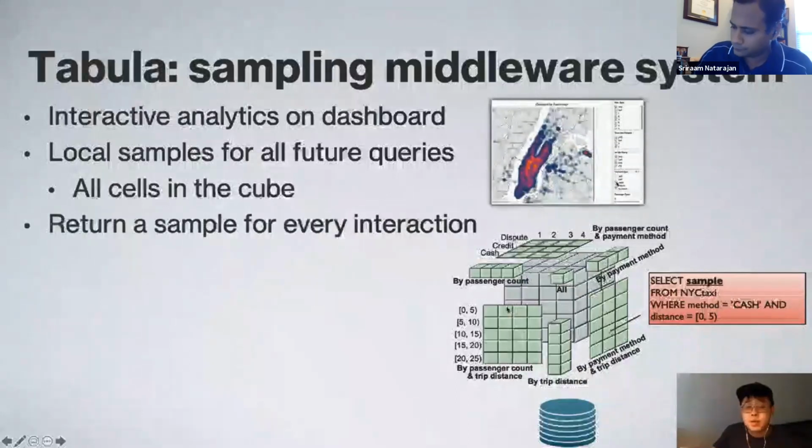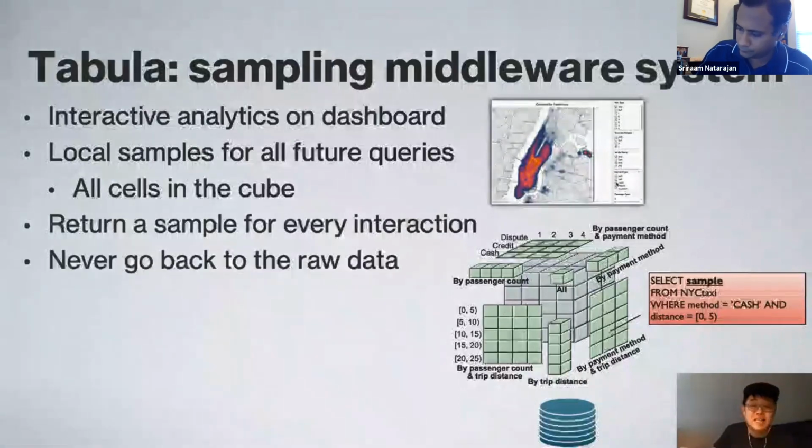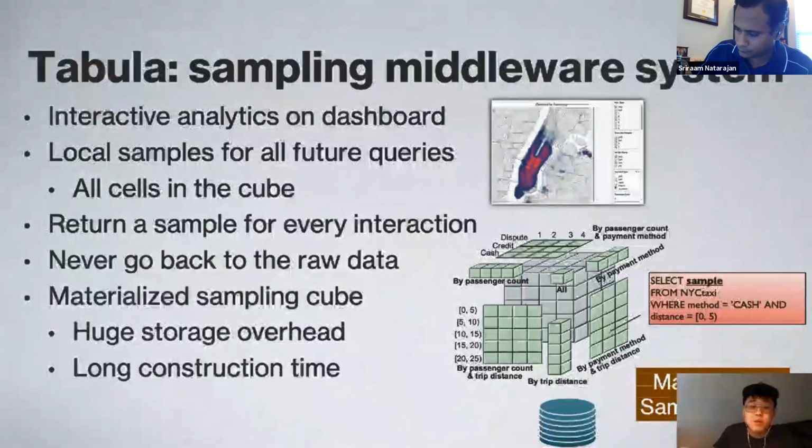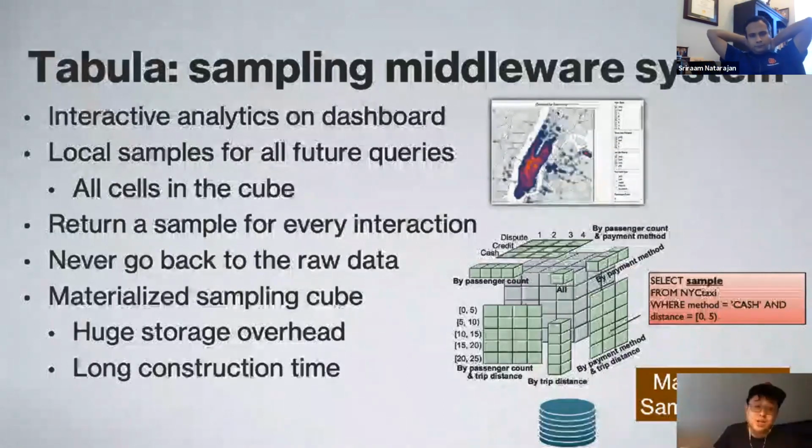It returns a sample for every interaction on the visualization dashboard, and never goes back to the raw data in an online fashion. We call this approach the materialized sampling cube approach. Apparently, this approach has a huge storage overhead and long construction time because there are too many cube cells in this hypercube. Later on, I will show you how we can reduce the overhead of Tabula.